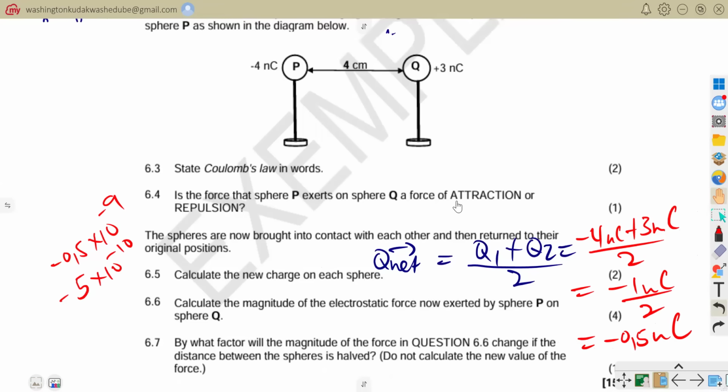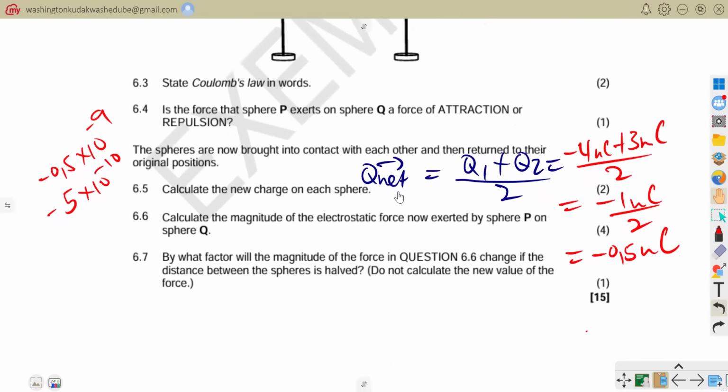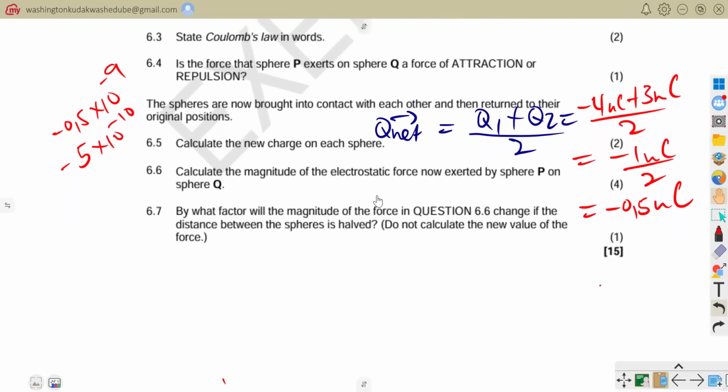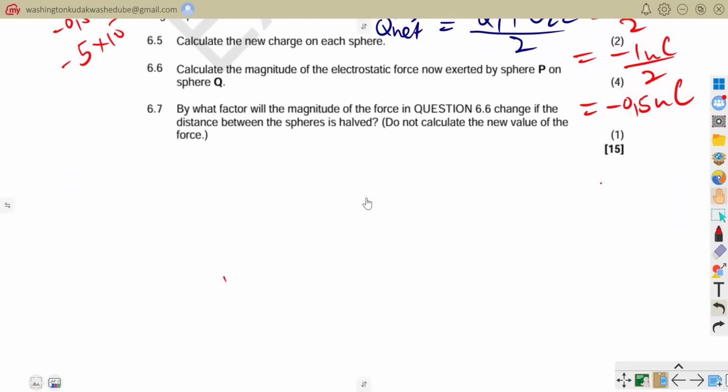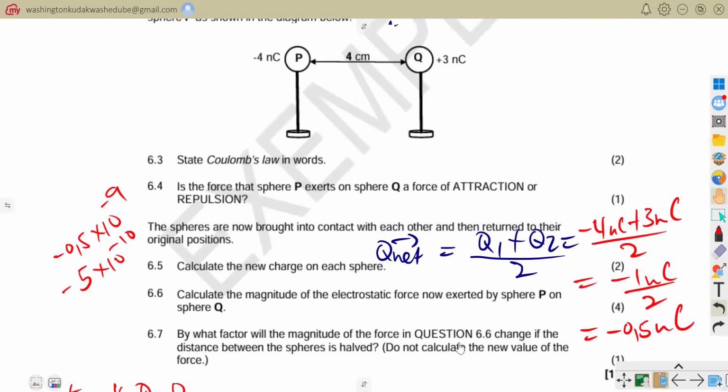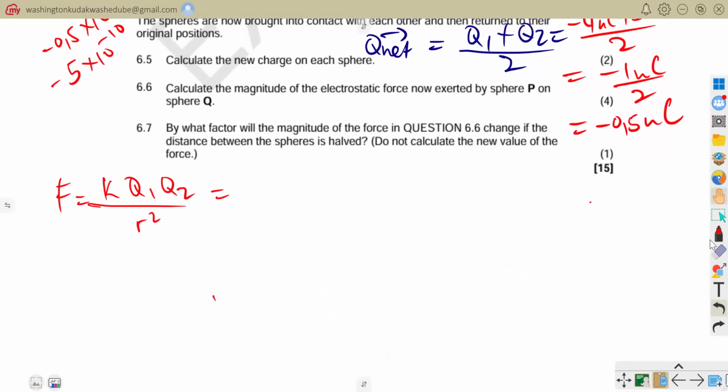Now they are saying calculate the magnitude of the electrostatic force now exerted by sphere P on sphere Q. When we now have this new charge, our F will be equal to K Q1 Q2 all over R squared, where we know that the distance that was given there is 4 centimeters. So if our r is equal to 4 centimeters, we divide by 100 centimeters, and this would be equal to 0.04 meters.